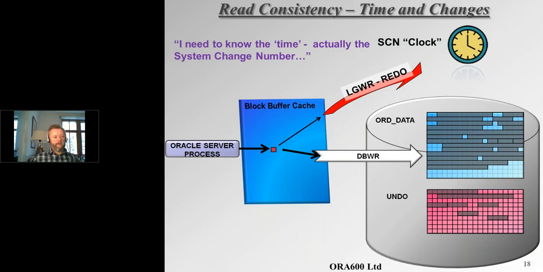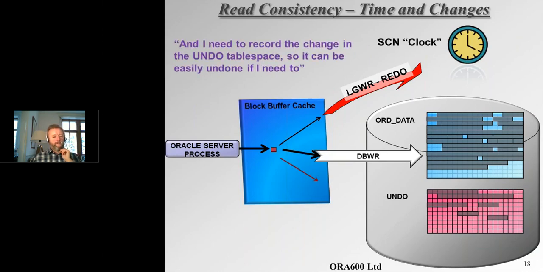So you can think of it as every time you change a record. It's not quite as simple as that in reality, but you can think of it as every time you change a record, the SCN ticks up by 1. And Oracle records that SCN with that record to say, this is the point in time when that record was changed.